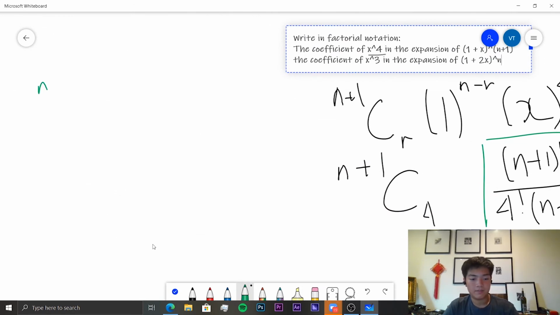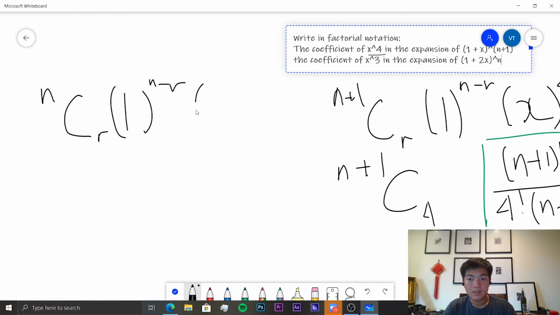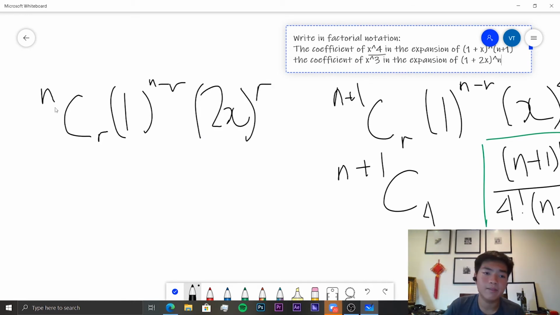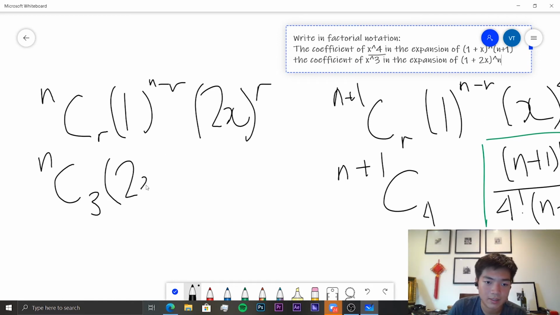So we have n choose r times 1 to the n minus r times 2x to the r. Okay. And we need to find the coefficient of x cubed, which is when r equals 3. So we have n choose 3 times 1, well, that doesn't matter, times, the interesting part, though, is 2x cubed.